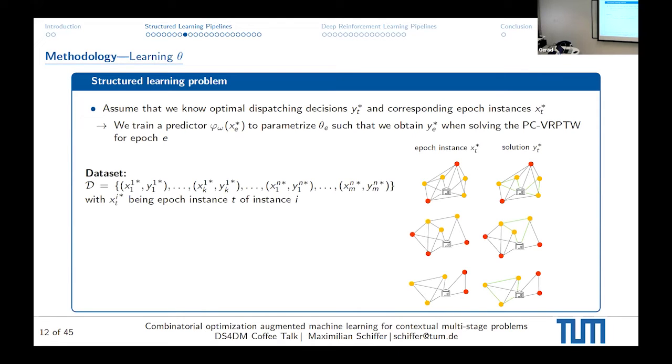So if you have that data, you can create a data set that contains some states and, in hindsight, optimal solutions for those states. Right? So basically what we did is we took full information data for a full day, solved the VRP on this, then sliced the solution into the time intervals that we had.